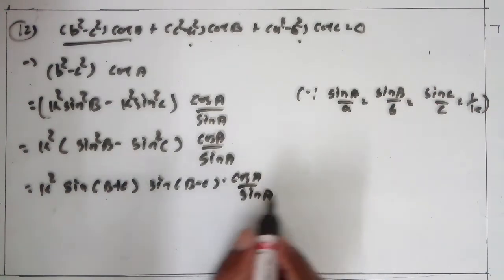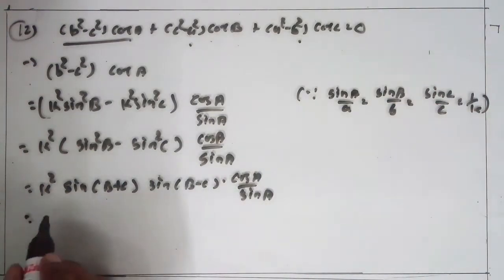Now change this B − C or B + C into A form.